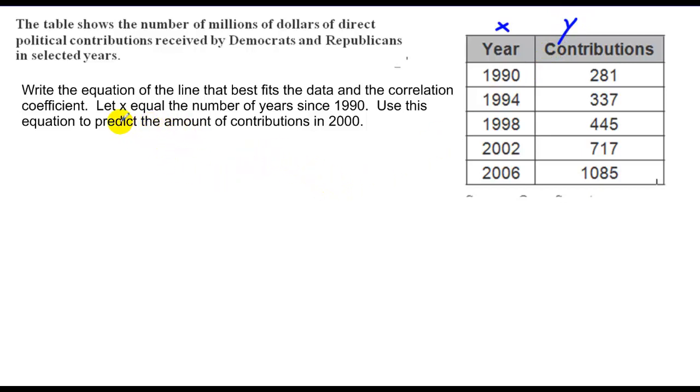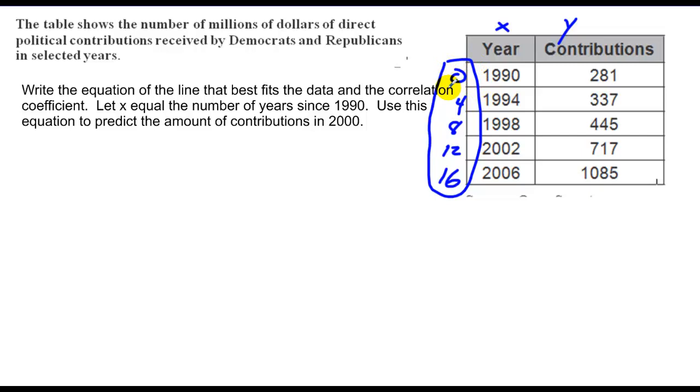But as our x value, if we read this right here, it says let x equal the number of years since 1990. So since 1990, this is 0 years. Whereas this is 4 years, this is 8 years, and this is 12 years, and this is 16 years. So these are my new x values that I'm going to plug into our table.